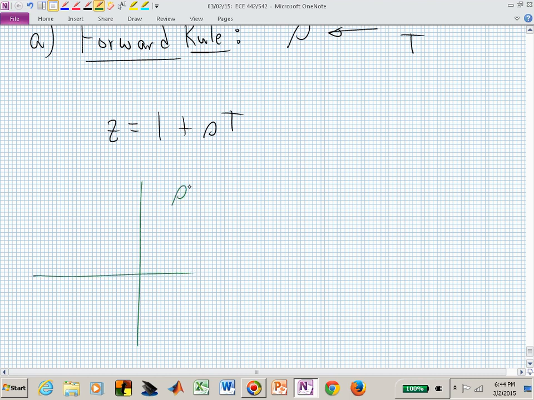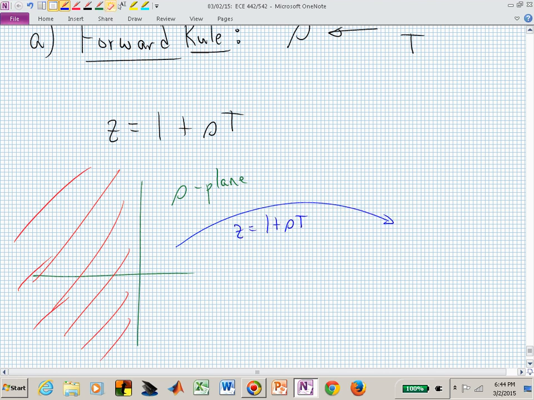Let's say this is the S-plane. Stability is every point over here. Now if we map using Z, if we now go Z equals 1 plus ST, where do those points in the S-plane end up in the Z-plane? Here's our Z-plane.